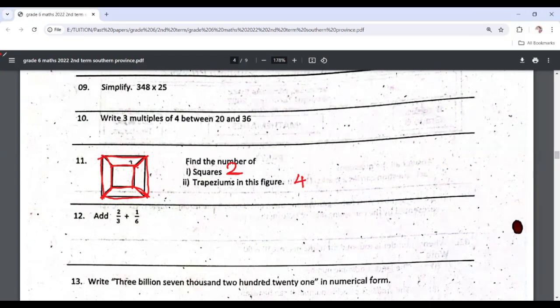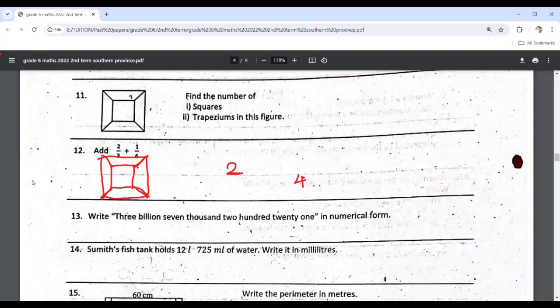Here you have to do a simplification with fractions, right? And for that, we need to get the common denominator, right? Then you know that 1 over 3 plus 1 over 6.